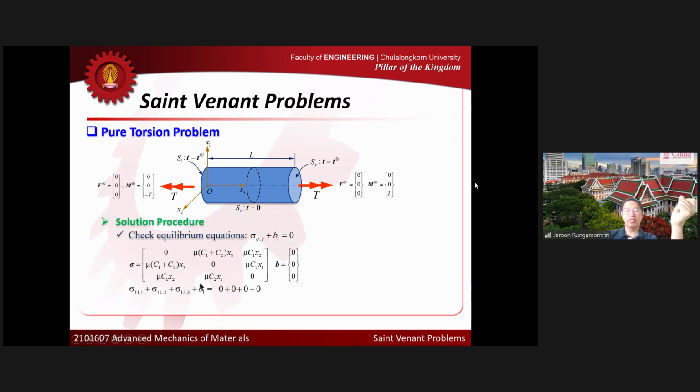If you take a look at the first row of the matrix here, sigma 11 is 0, so that term disappears. Sigma 12, even though it is not 0, we take the derivative with respect to x2, but this is linear in x3, so the derivative of that term with respect to x2 is 0. And that one is 0 too, because you have to take the derivative with respect to x3. So all the terms here are 0, or I can say that this equation is satisfied automatically.